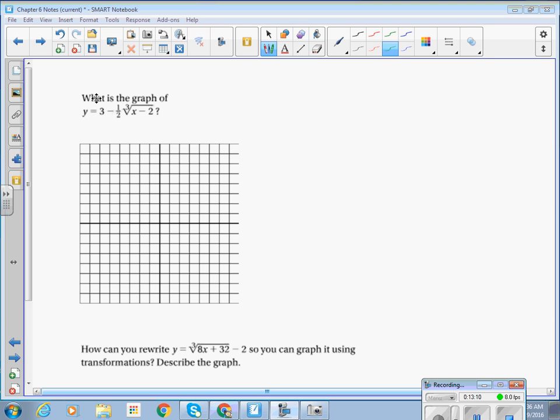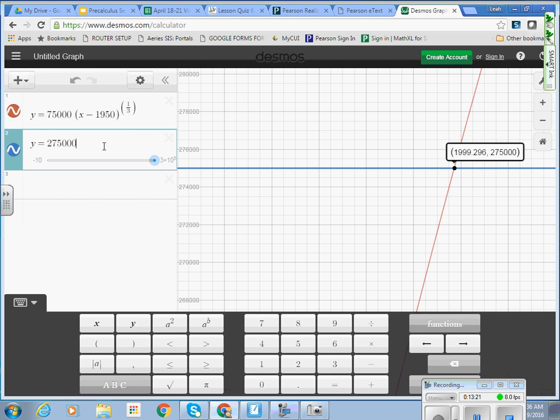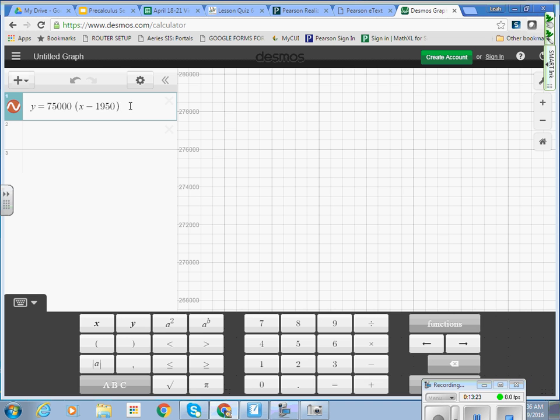Okay, so let's complicate things a little bit more. What is the graph of y equals 3 minus 1/2 cubed root x minus 2? So let's go back to our graphing utility just for fun and take a peek at what the cubed root function looks like.